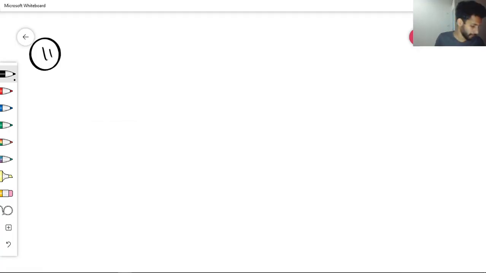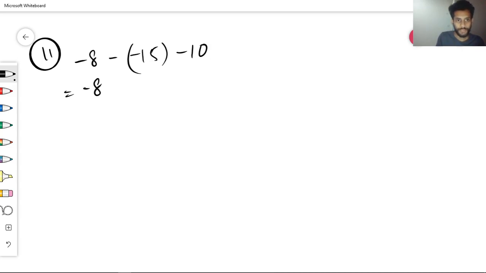Now question number 11. 11 is minus 8 minus 15, then minus 10. So what we have to do, we have to just open the brackets first. So minus 8 plus 15 minus 10. After that, we will bring the same sign together.